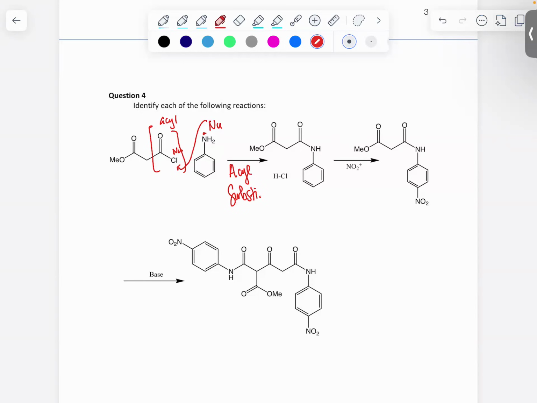Next, we have this aromatic system here, and we have an electrophile. So we have electrophilic aromatic substitution.